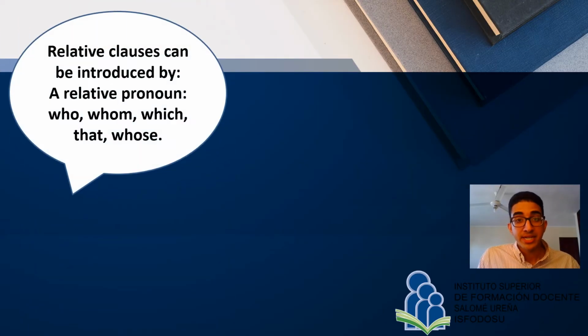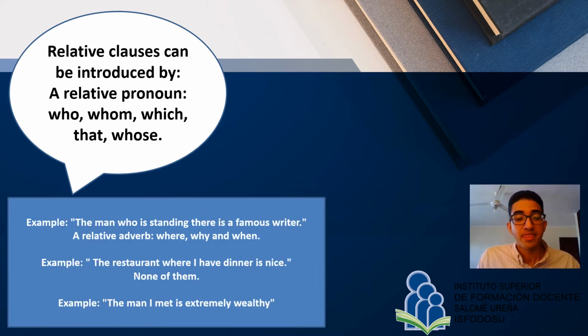Well, as you can see here, guys, we can introduce a relative clause with a relative pronoun. For example, who, whom, which, that, and whose. We use who and whom when we are referring to people, which when we are referring to something or to an object, that when we are referring to an object or to a person, and whose when we are referring to a possession. Example: the man who is standing there is a famous writer.